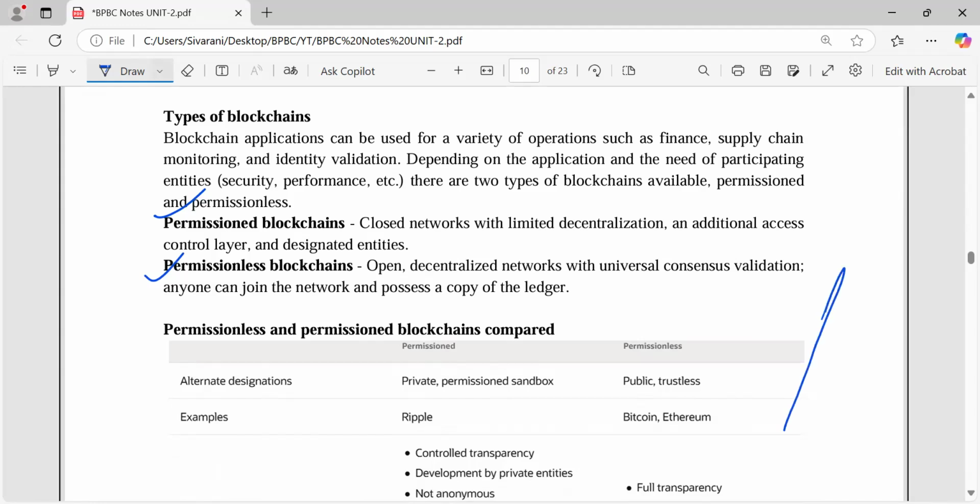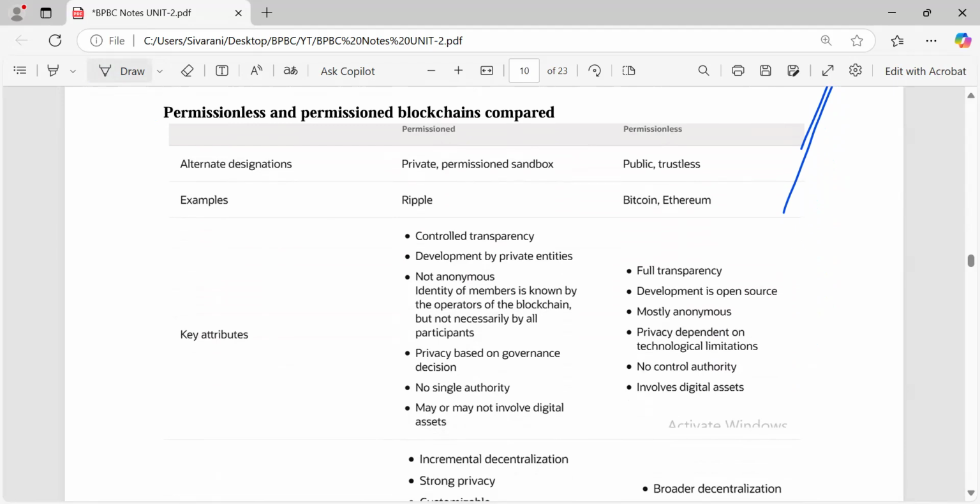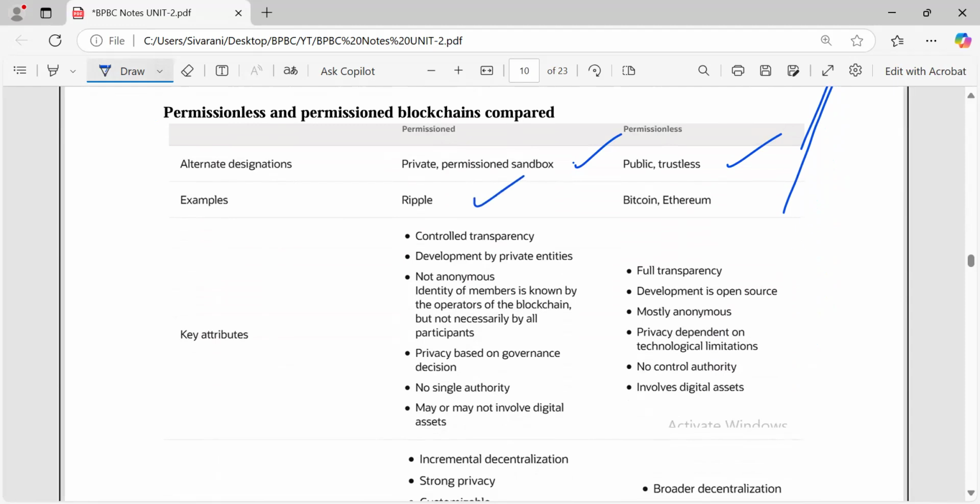These are the differences between permissionless and permissioned blockchain. Permissioned is a private sandbox. Permissionless is public and trustless. Examples: permissioned blockchain is Ripple; permissionless is Bitcoin and Ethereum.